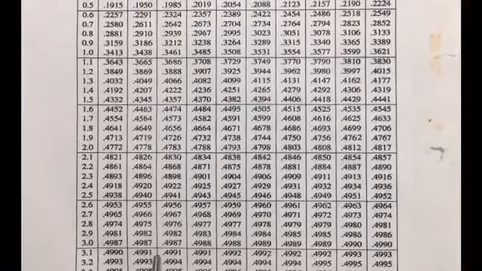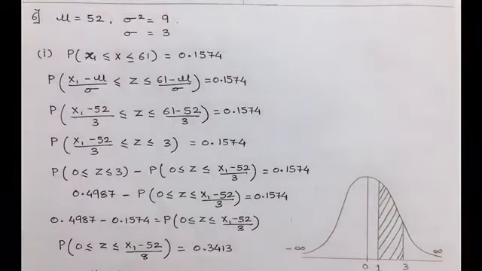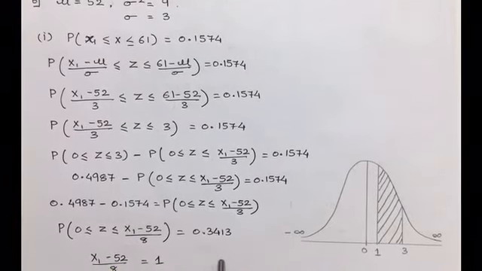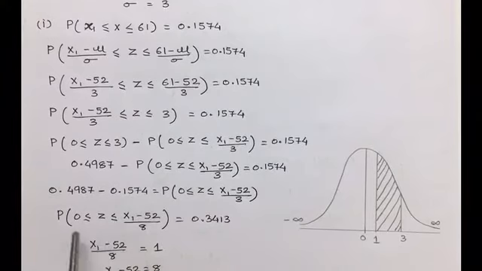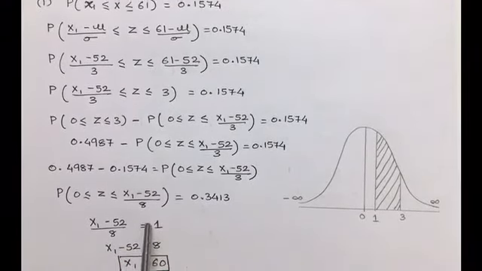So the area from the table we got for 3 as 0.4987 minus 0 to X1 probability is equal to 0.1574. Now shifting the other side, subtracting it, we get 0.3413 as the probability from 0 to X1 minus 52 divided by 3.